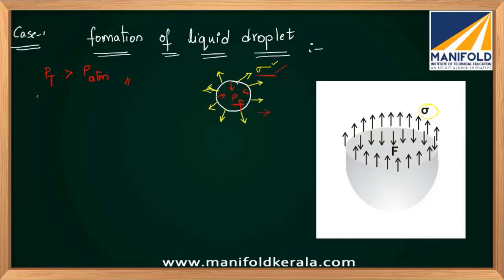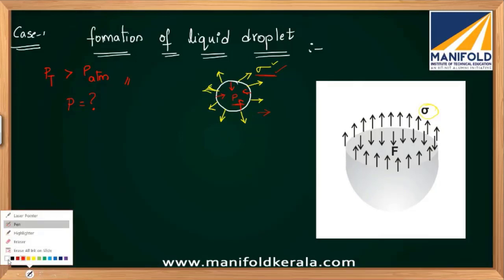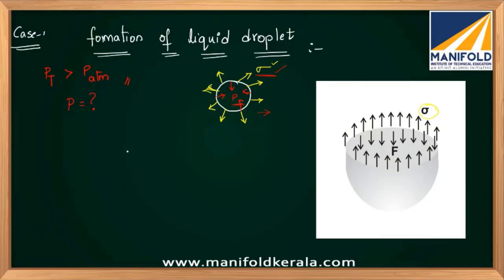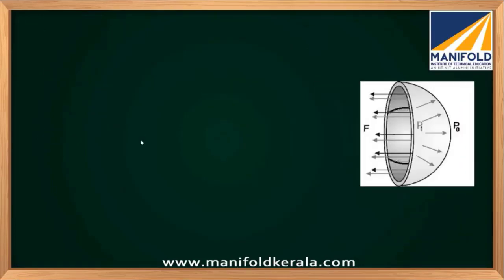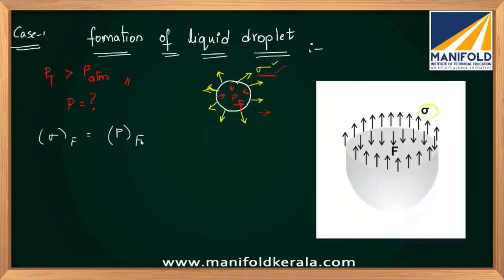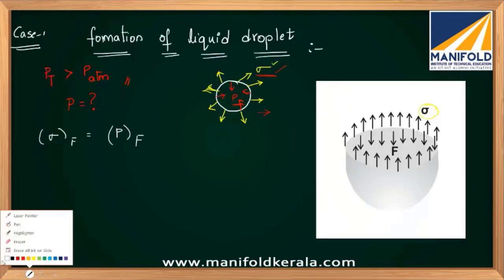Now what pressure is required to make the liquid droplet perfectly circular? We need to find it. For equilibrium condition, surface tension force is equal to pressure force.